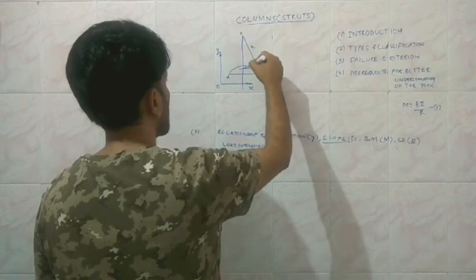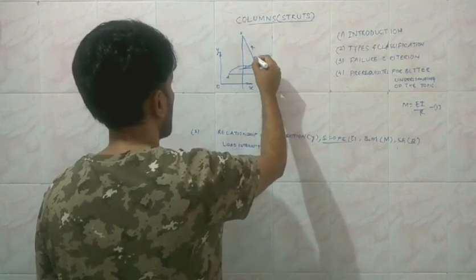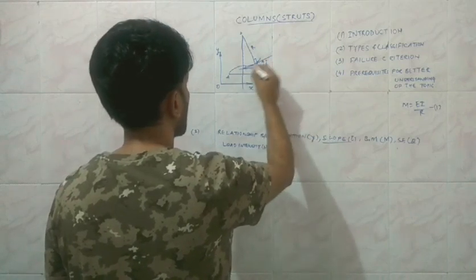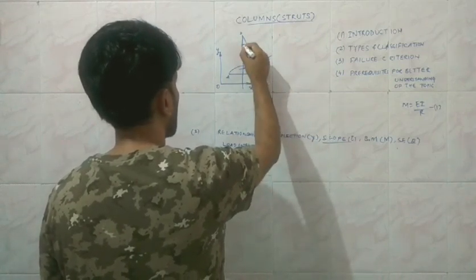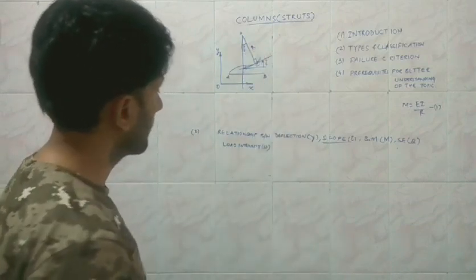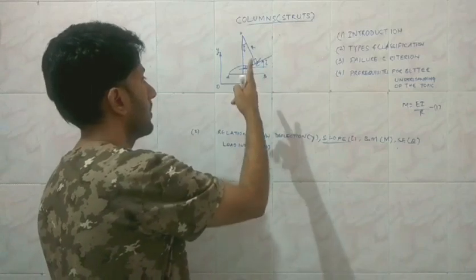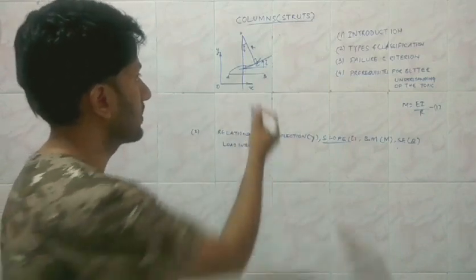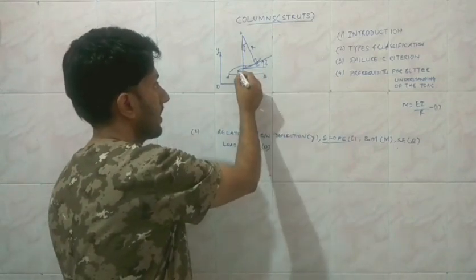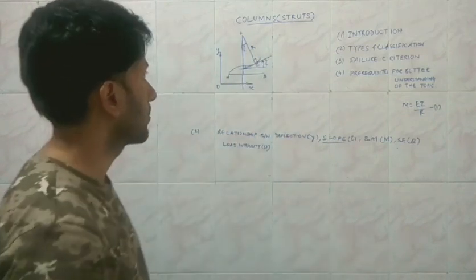The line joining the center, which represents the radius, is perpendicular to the tangent. So this angle is going to be i, because the angle between two lines and the angle between their perpendiculars are the same.